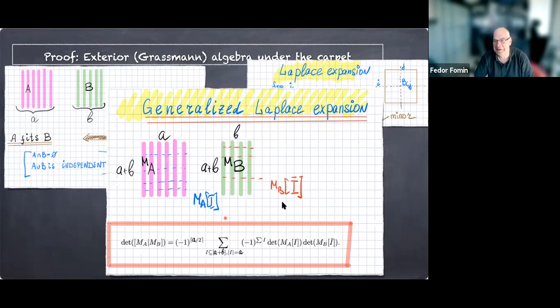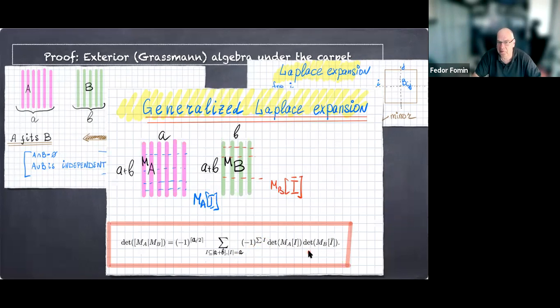So again, in this formula I go through all sets of indices corresponding to rows of size exactly A. Then I take the product of the determinant of the submatrix of A induced by the rows from I, and the determinant of the submatrix of B induced by the complement of the rows from I. And here I take -1 to the power of the sum of the indices from the set I. The only thing we care about is whether it's even or odd.